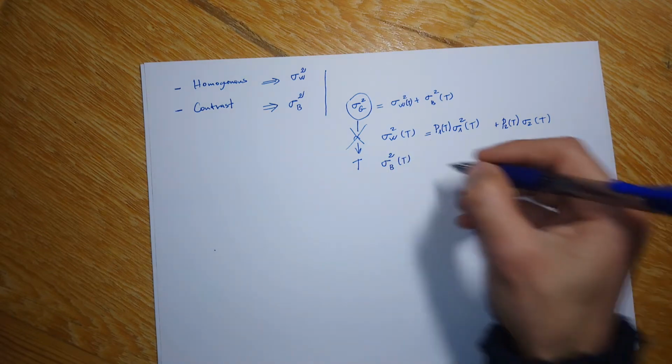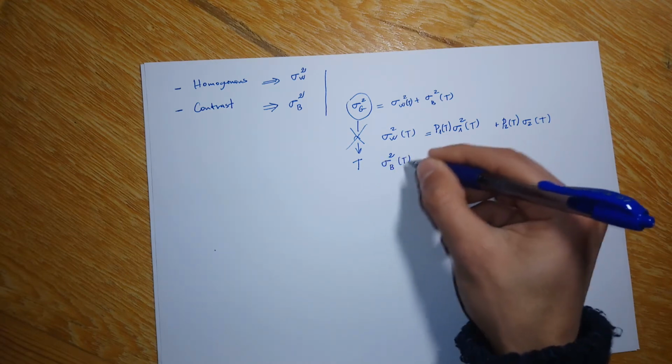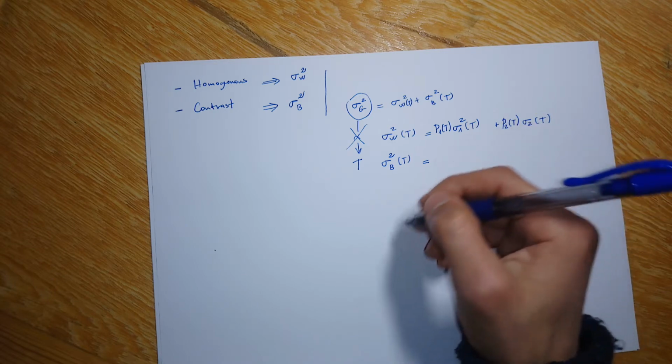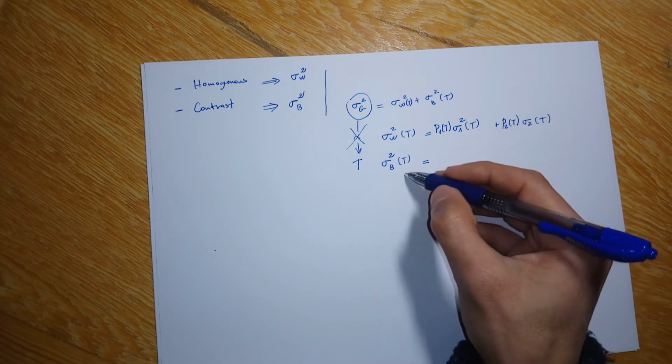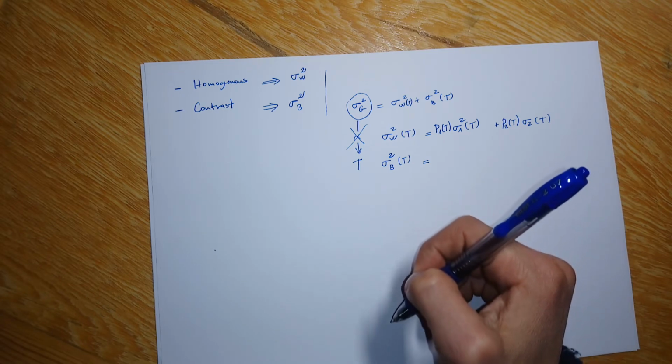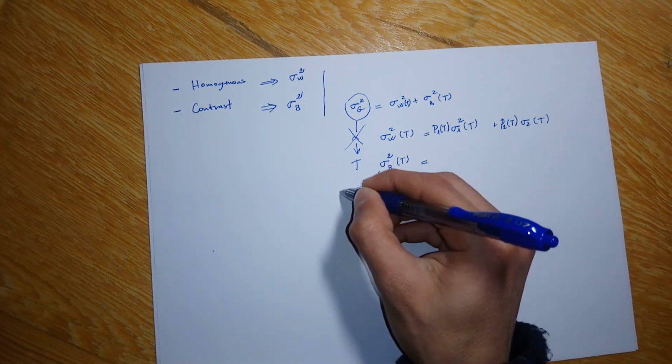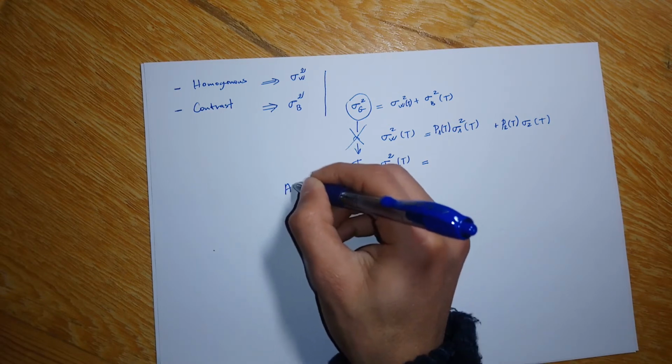If you want to know more about the between class variance and why Otsu chose to maximize that parameter, I recommend you go and see something about ANOVA.